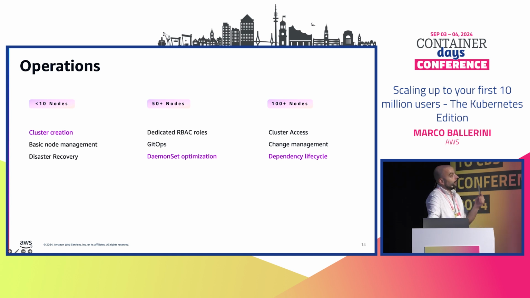And finally, this is a big one. You need to understand how to manage dependencies. With dependencies, you have an application, for example, that requires an S3 bucket or an RDS database, a DynamoDB table, something. The ideal case is that you provide developers with a way to manage those dependencies.